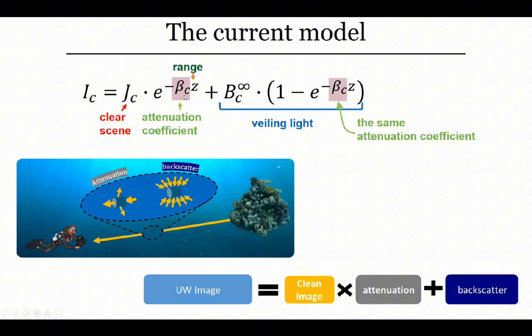Okay, so this really differs between different environments. And yet, as you see here, the same coefficient is used both in the attenuation and backscatter component. And this is true for each of the color channels, R, G, and B.